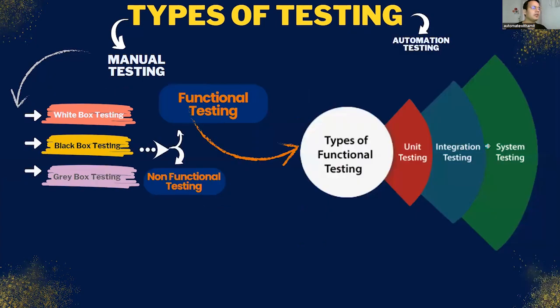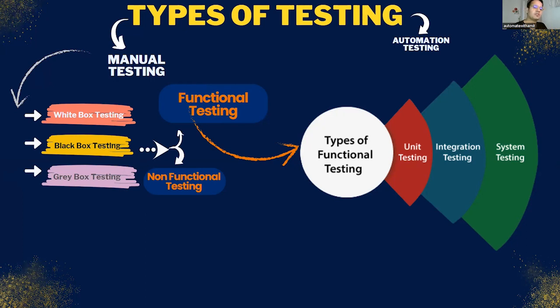Now further going, functional testing has been divided into 3 different categories. First is unit testing, second is integration testing, and third is system testing. So what happens in unit testing? Unit testing is basically done by developers mostly, and in unit testing, the small components of code written by developers are tested by the developers themselves.